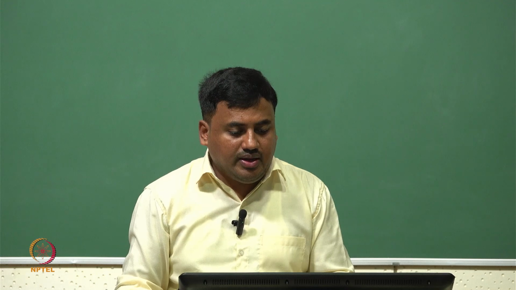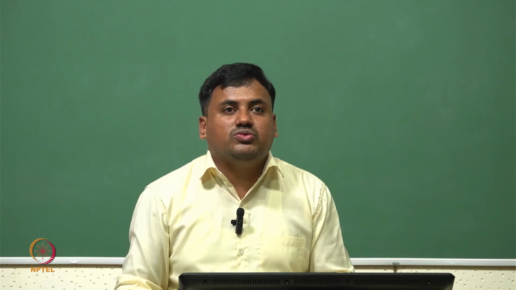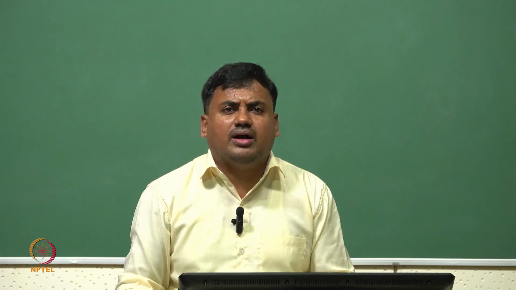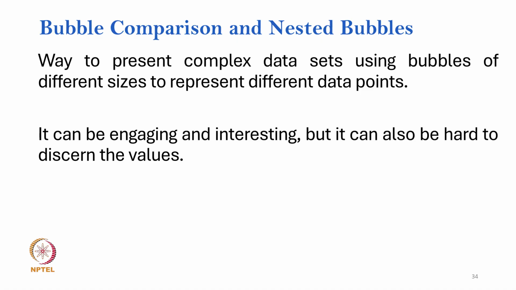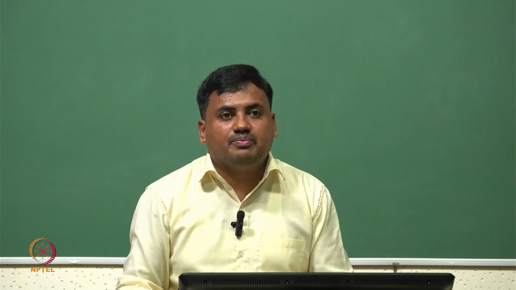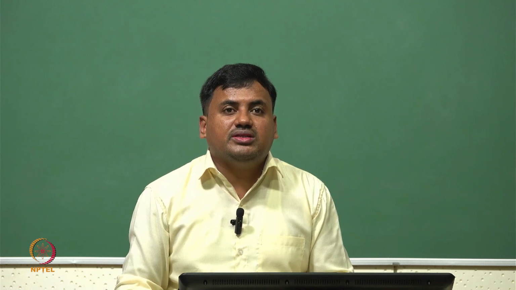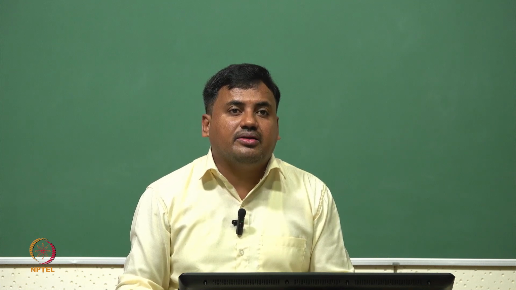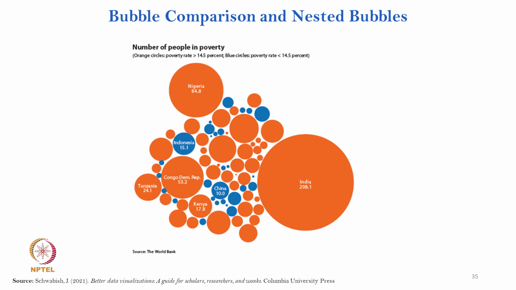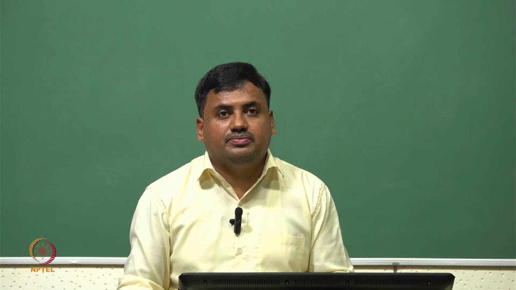Another type of visualization in the comparison category is the bubble comparison chart, a way to present complex data sets using bubbles of different sizes to represent the different data sets. A bubble comparison chart can be engaging and interesting, but it can also be hard to discern the values.